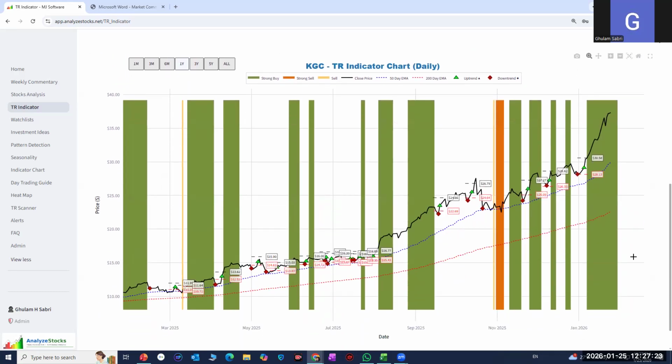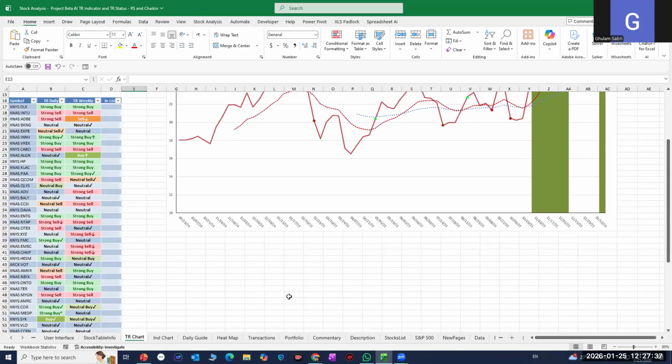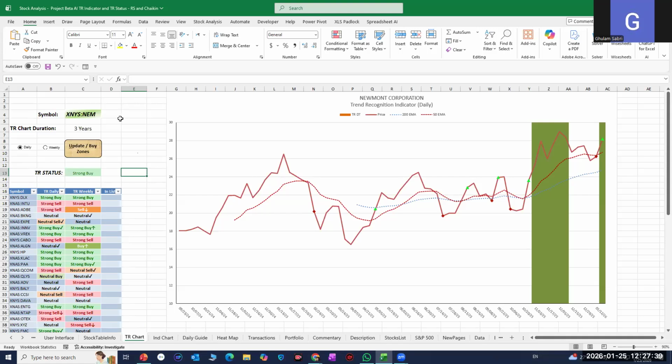So I hope this explains the strategy and the thinking behind the TR indicator. The TR indicator is available both on this web tool as well as this Excel tool. This is the Excel tool, and this is the TR indicator. This is NEM. You put, for example, KGC, and you can select both daily and weekly time frame.